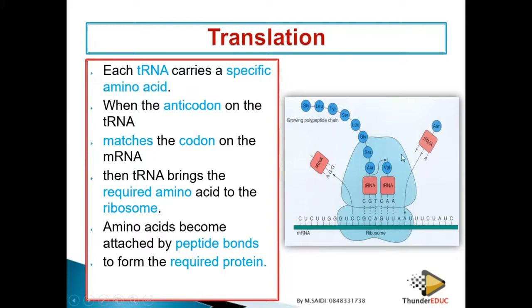This transfer RNA will bring the amino acid which the 3 bases of the anticodon code for, so it brings this required amino acid to the ribosome.